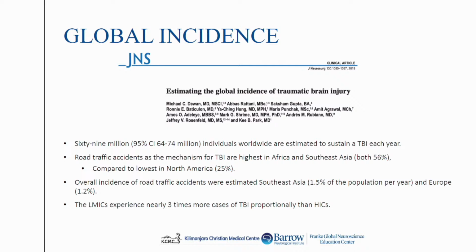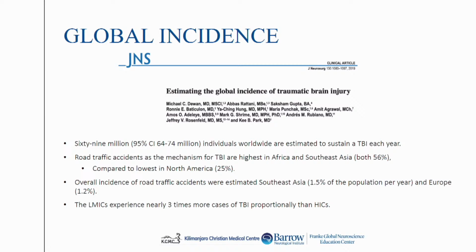Making sure papers are using a similar definition is difficult. What we've been able to understand is that about 69 million people every year have some sort of traumatic brain injury. That can be the entire range from a very mild, transient disturbance in consciousness all the way to a fatal traumatic brain injury.